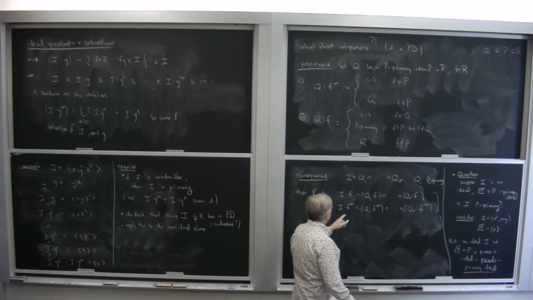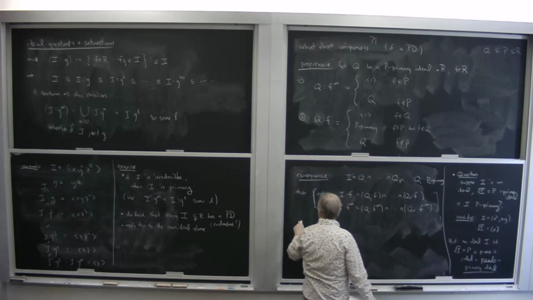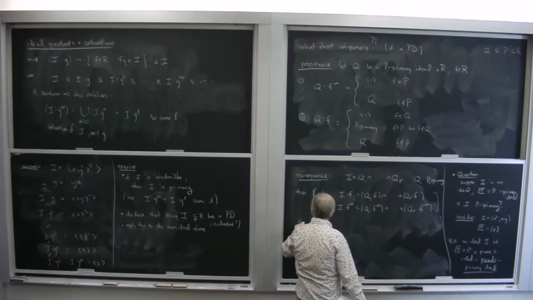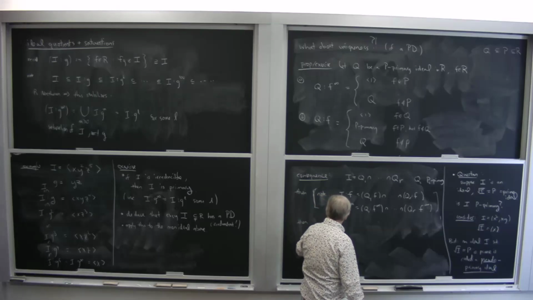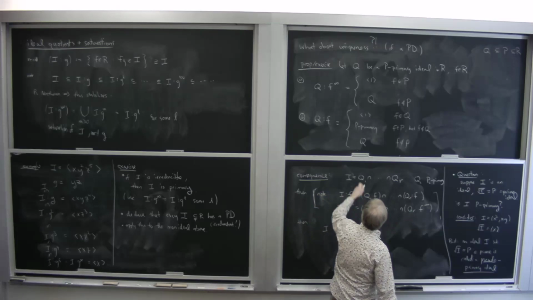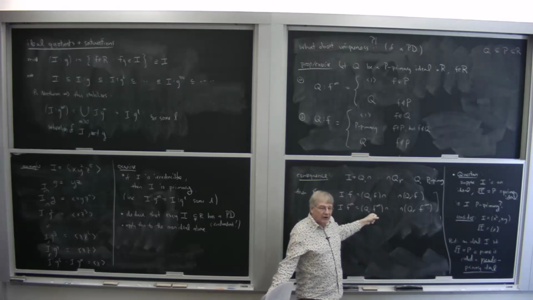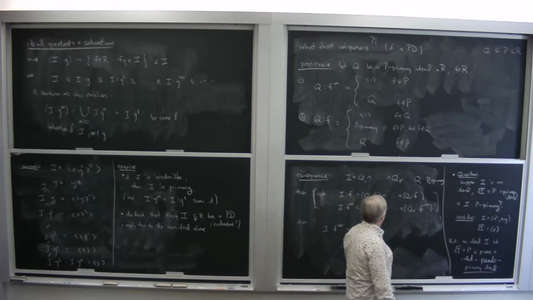Okay, but this tells us quite a lot, because if Q is here, so let's suppose then the note is that, well, what is I colon F infinity? If it's the intersection of all these things, each one of those is either the unit ideal, which is everything, so we can ignore it, or it's equal to the rest of them.